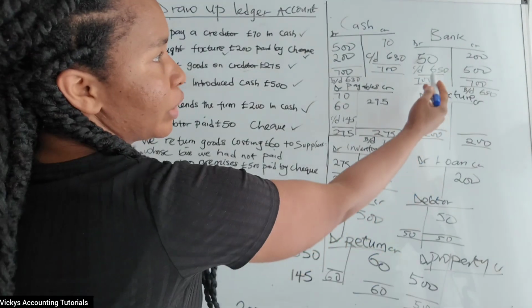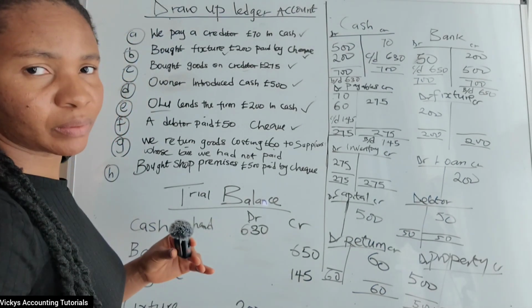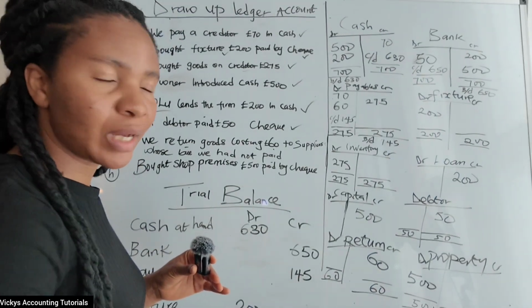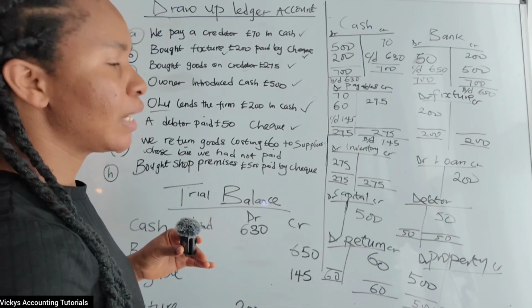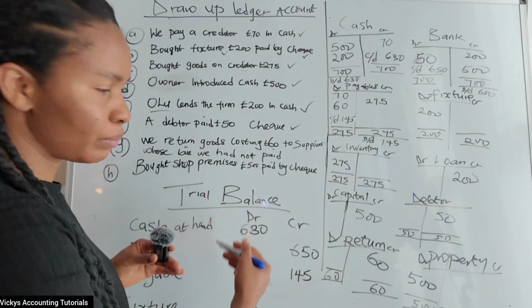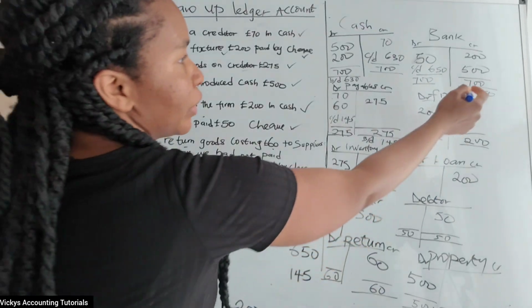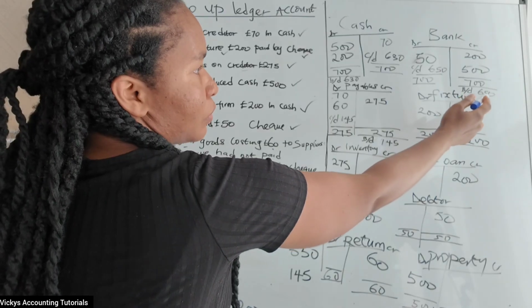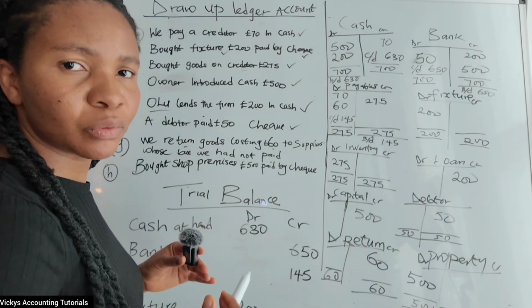But coming to our bank account, we are running on credit, about £650 on credit, meaning that we have overdrawn our account, so it's on the negative side, and hence instead of bank being on the debit side of our trial balance, it's going to be on the credit side. We have a bank balance of 650 on the credit side, meaning overdrawn.